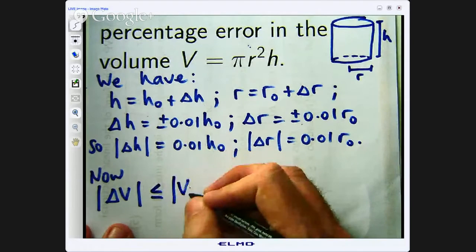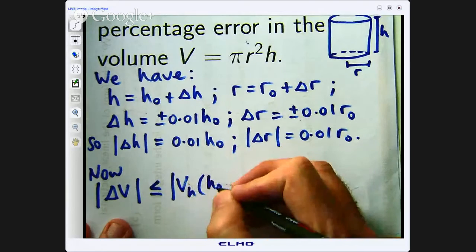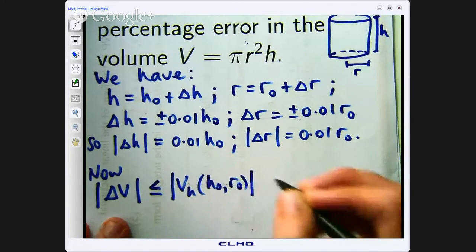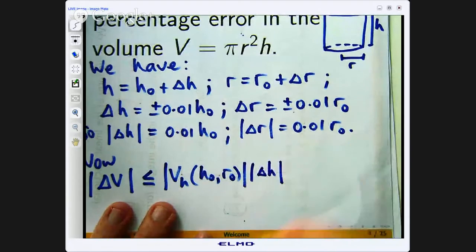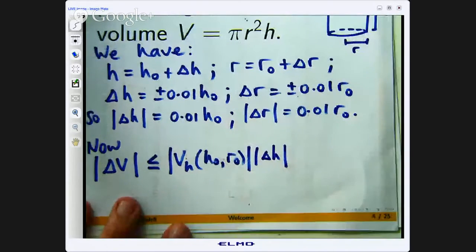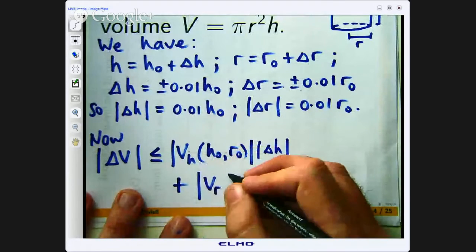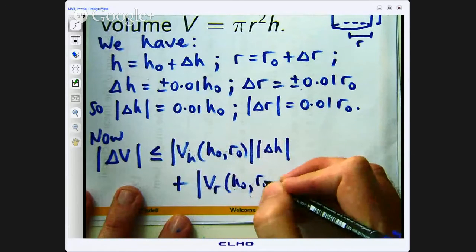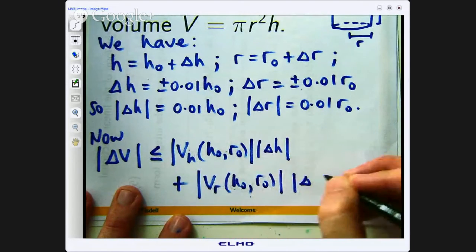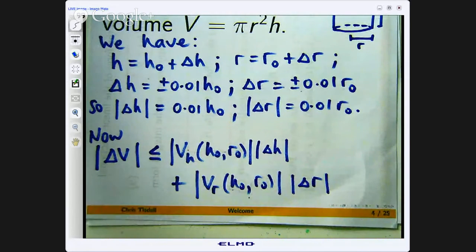Okay, it's this derivative evaluated at this times delta H absolute plus, so by the subscripts I mean derivatives, of course, so dV dH, dV dr. Okay, so this is just basically based on a tangent plane approximation.